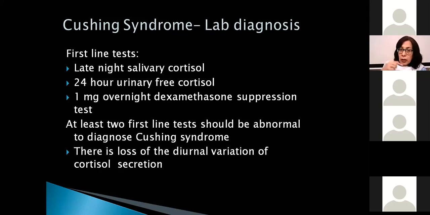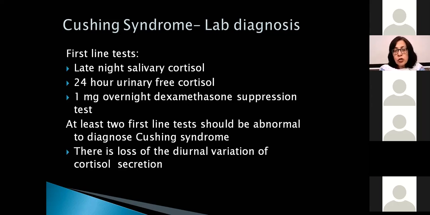So in the morning when you take the blood for cortisol levels, in a normal patient the cortisol will be suppressed. If the cortisol is not suppressed, that means there is loss of control and there is Cushing's. At least 2 first line tests should be abnormal to diagnose Cushing syndrome.